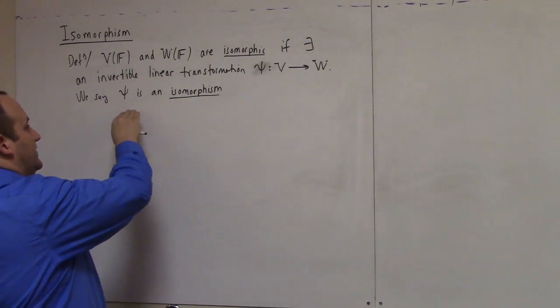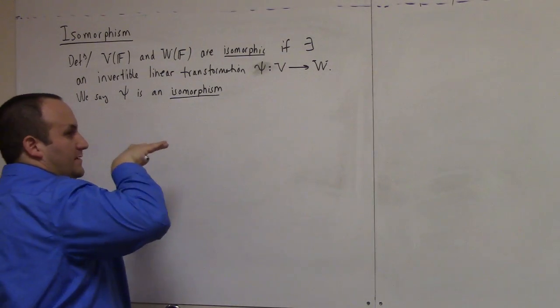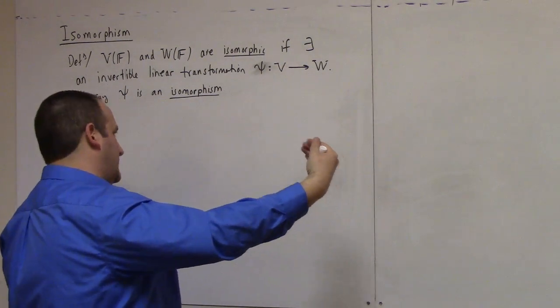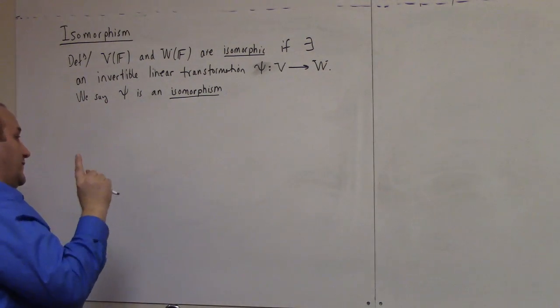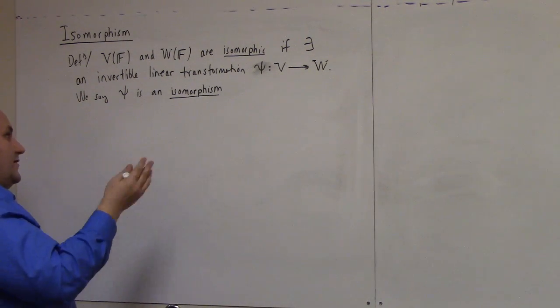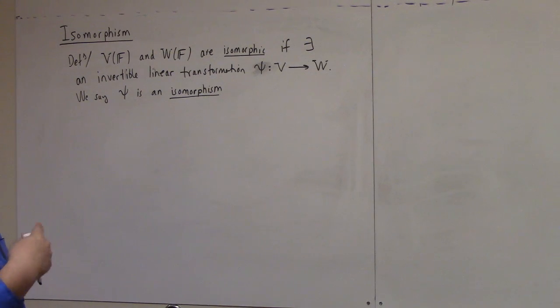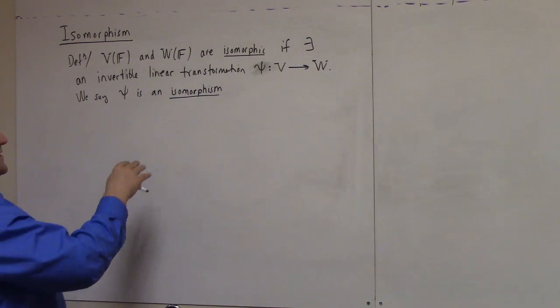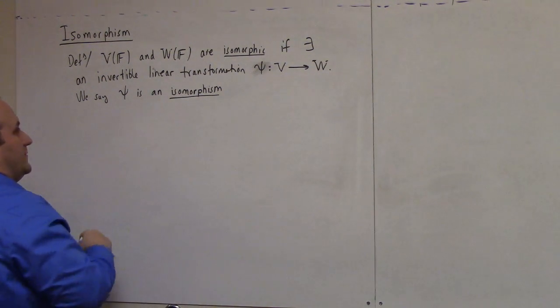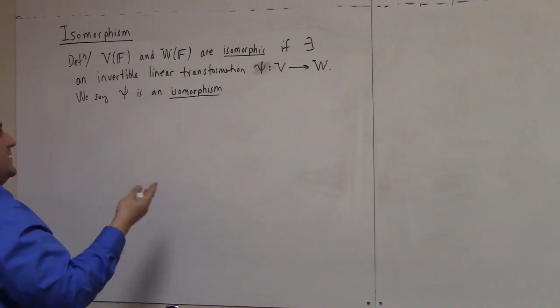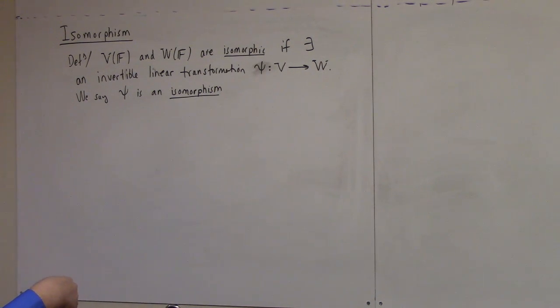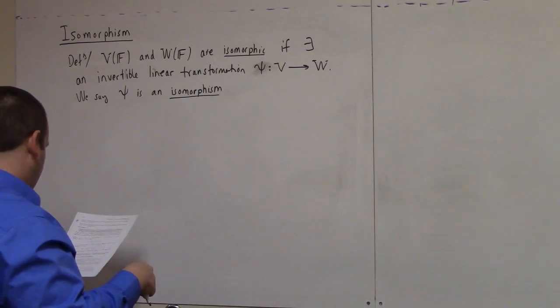So it's a one-to-one and onto map which is linear in this direction, but the inverse should also be linear. Fortunately, we get that for free, so we can be lazier and just say it's a linear transformation that's invertible. As we talked about before, if we have linearity of the mapping, we automatically get linearity of the inverse mapping, which is super nice.